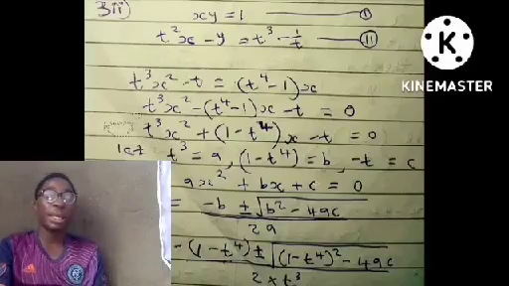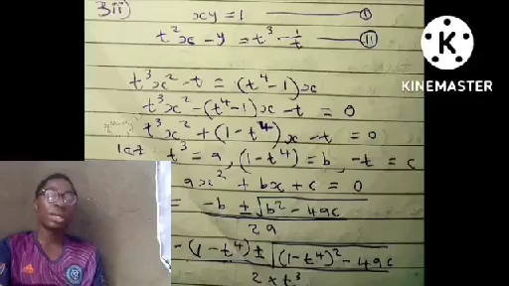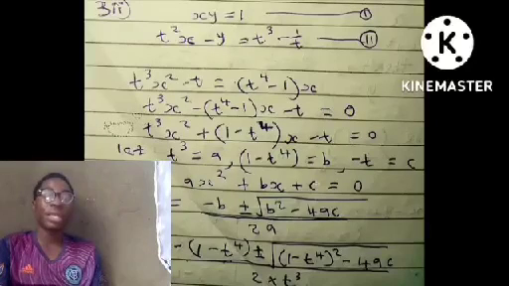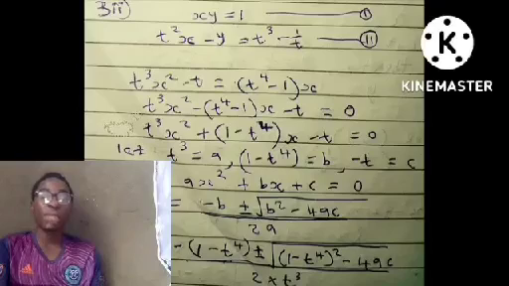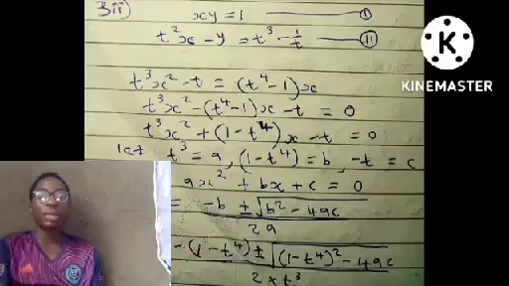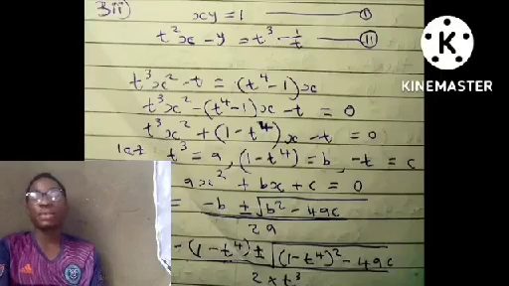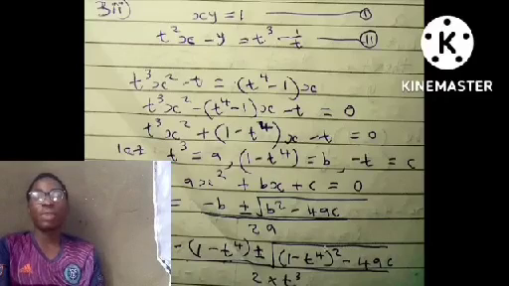You remember this is the form of a quadratic equation that gives us the way we use the quadratic formula. So this is the quadratic formula now: x equals minus b plus or minus the square root of b squared minus 4ac, over 2a. Then on the next line we have x equals minus 1 minus t to the power 4, plus or minus the square root of 1 minus t to the power 4 squared.